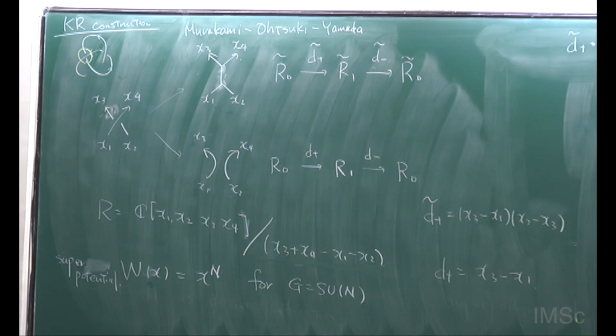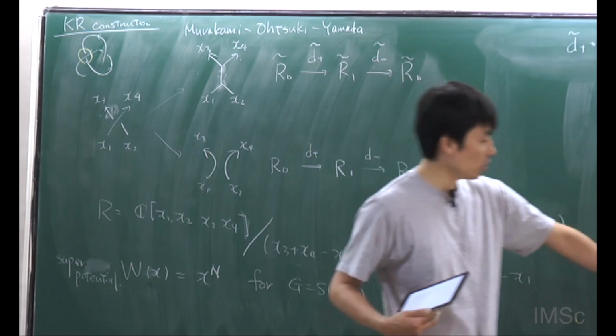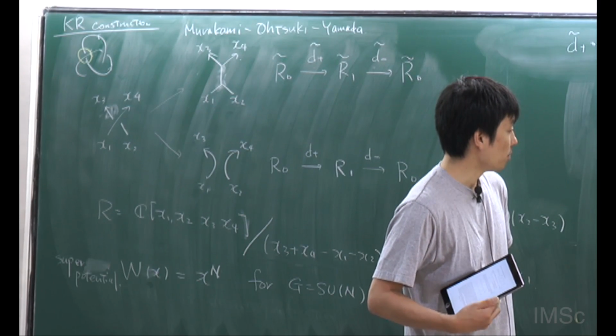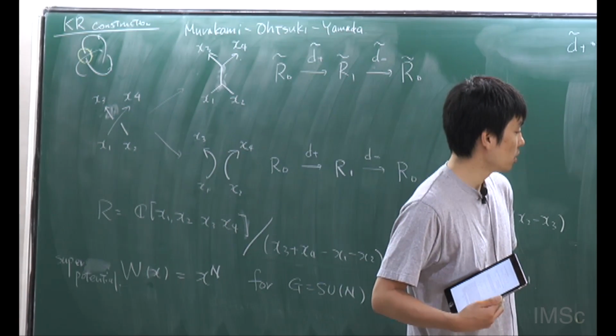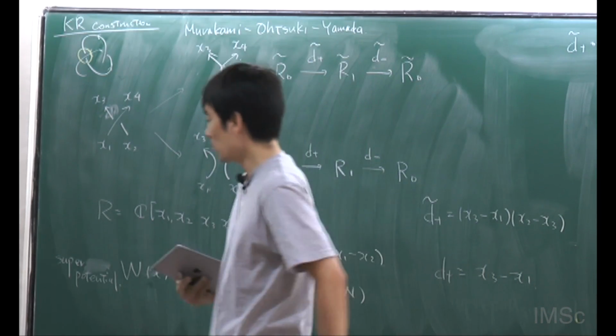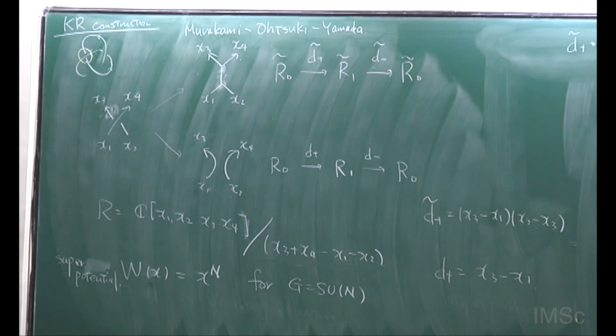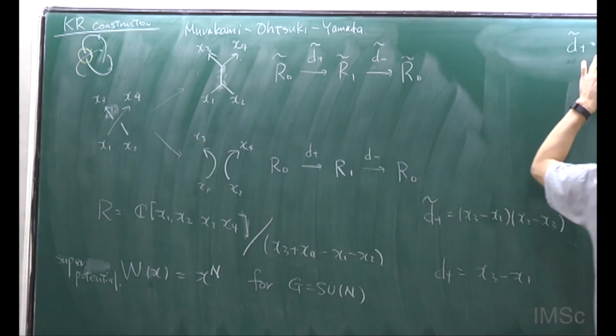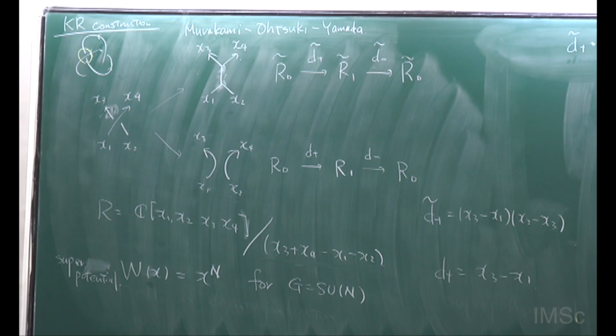Okay, but if you plug in this one into here, it's polynomial, right? But how about this one? To be honest, I don't know. I only know that the composition of two maps should give you this one.